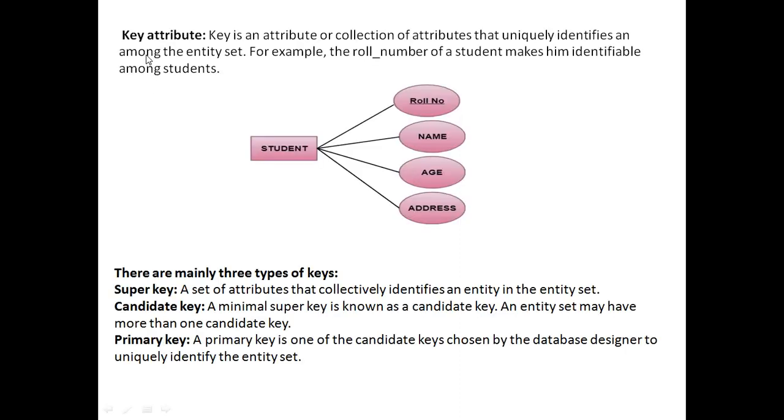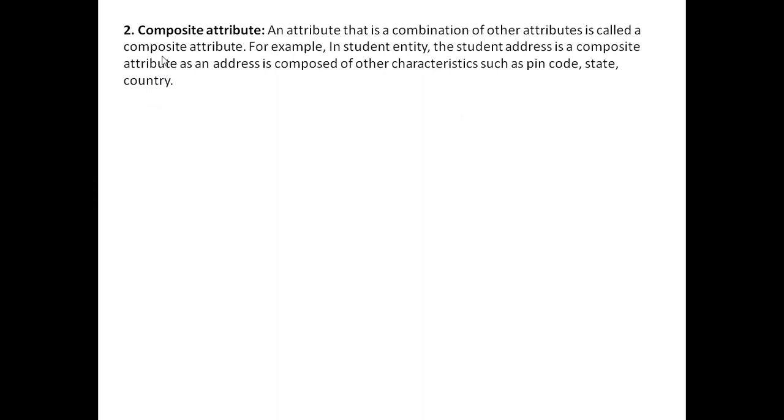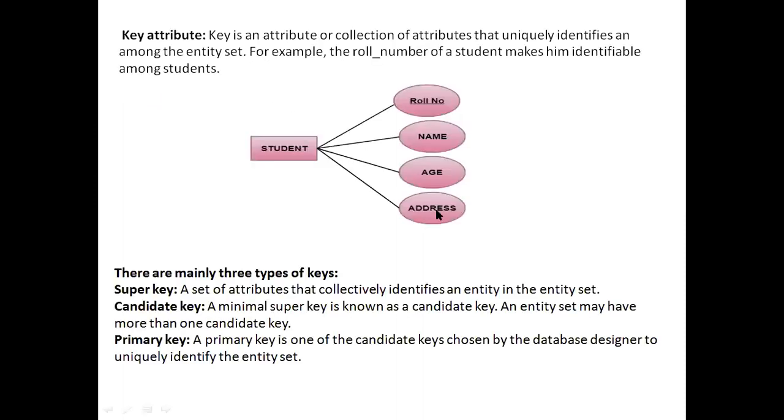So the first one is what we learned, the key attribute. The second one is the composite attribute. A composite attribute is an attribute that is a combination of other attributes. For example, as we said before, a student's address.